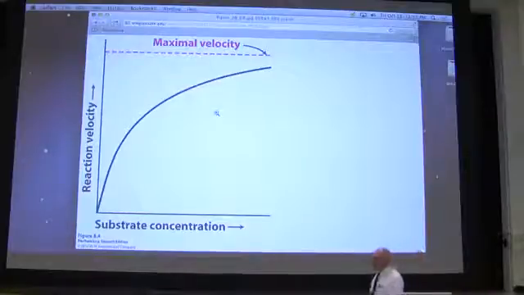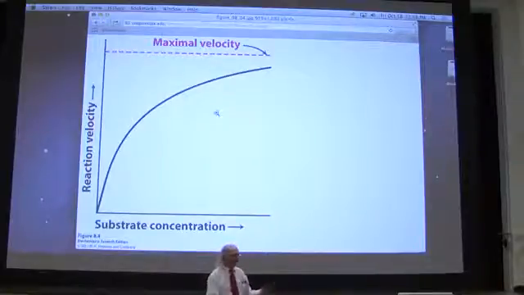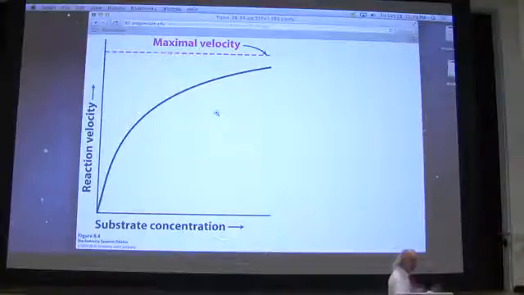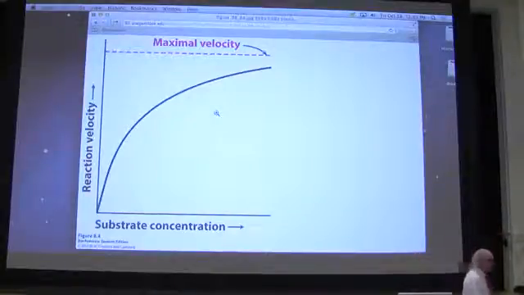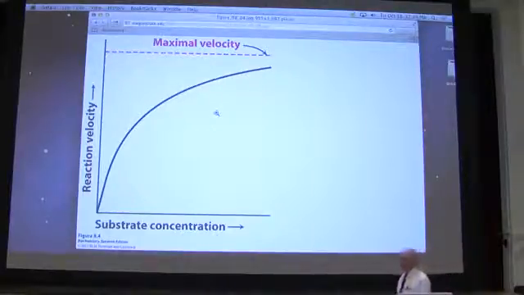It's for that reason maximum velocity is not any good for comparing enzymes. I can't compare the velocity of one enzyme with another enzyme because it's dependent upon the concentration of the enzyme. Well, I would like to be able to compare enzymes, so what can I do to compare them?